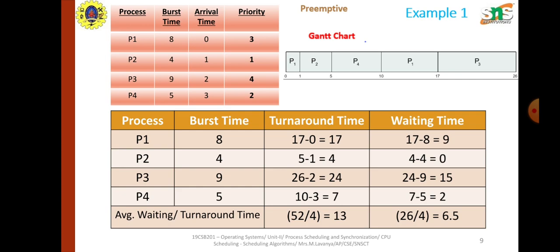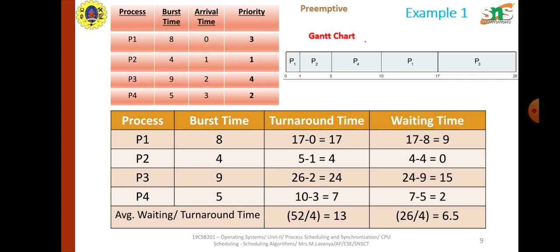We have seen the same problem under the preemptive and non-preemptive methodology. As in SJF, the preemptive version has the minimal waiting time. Comparing preemptive and non-preemptive, preemptive priority has the minimal average waiting time.